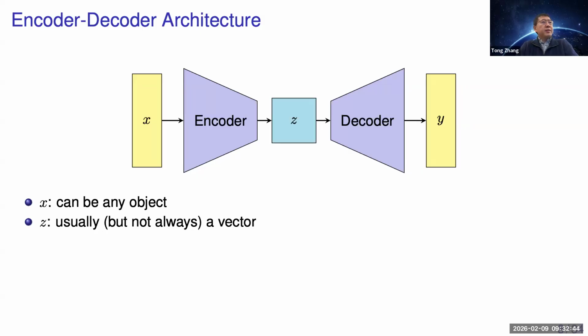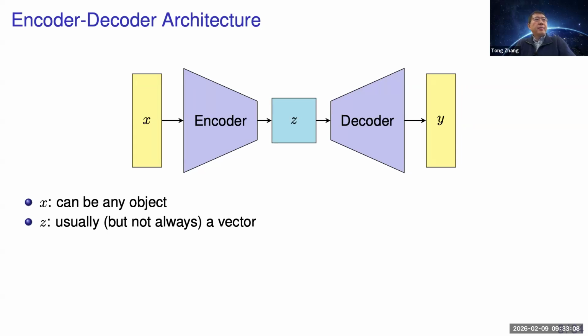A vector usually has a smaller dimension than the original object. The reason is you want to compress the information of the original object through the encoder, and then you use the decoder to do the decoding. So decoding gets you either the prediction or generation.